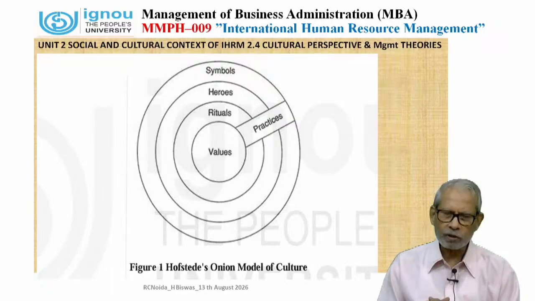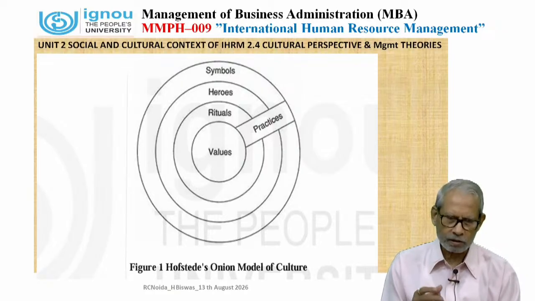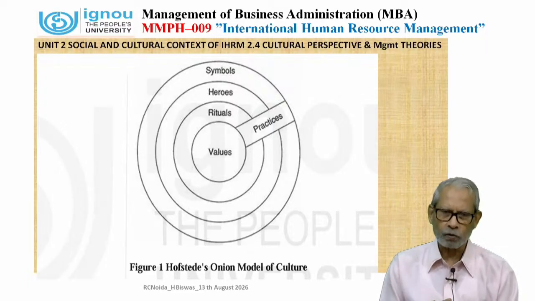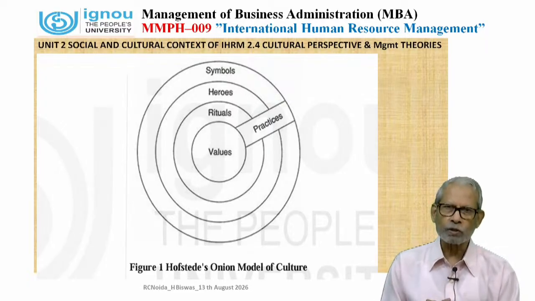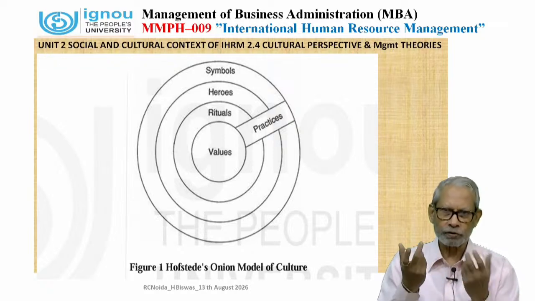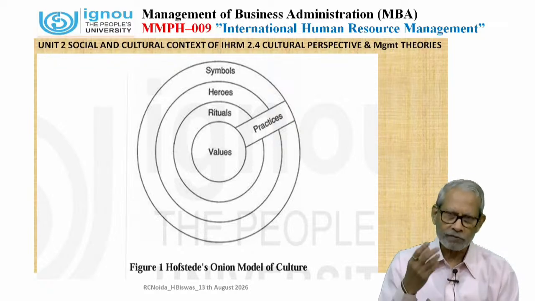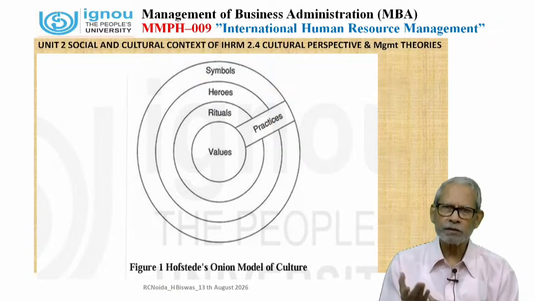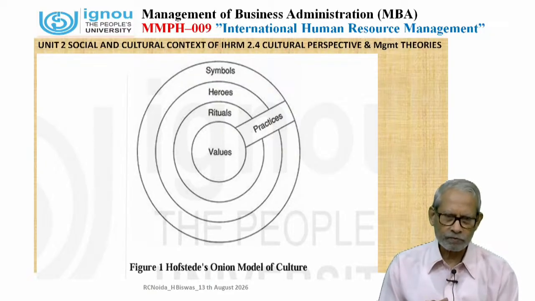Then this is one example of a model of cultures, just like an onion. You have seen the onion model, the outer layer, then a second layer, third layer, and the core layer. So values are in the core, inside, just like an onion. When we open up the onion, different layers will be there. He has tried to explain and correlate these things through the onion.